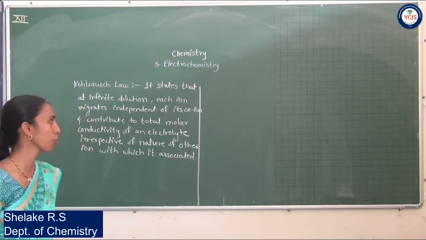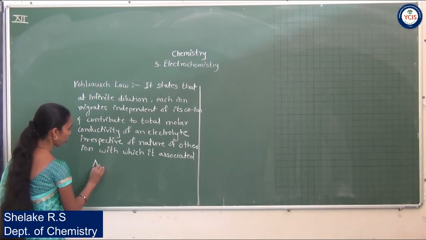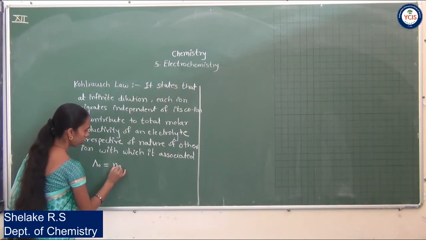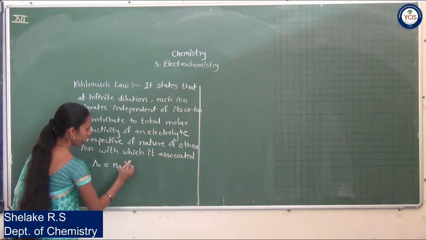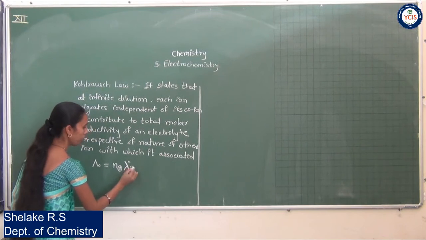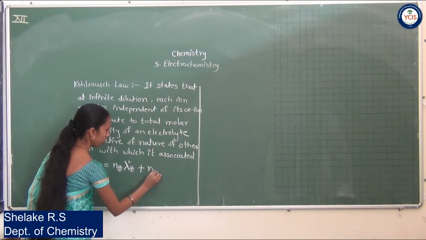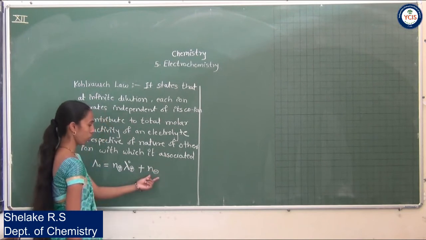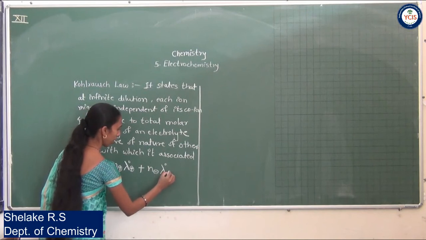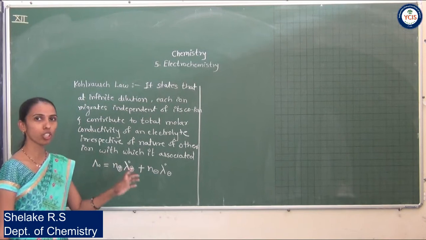So mathematically you can write the statement of Kohlrausch's law like this: lambda 0 is equal to n plus into lambda 0 of cation, the molar conductivity, plus number of anions into molar conductivity of anion at infinite dilution, or at zero concentration.